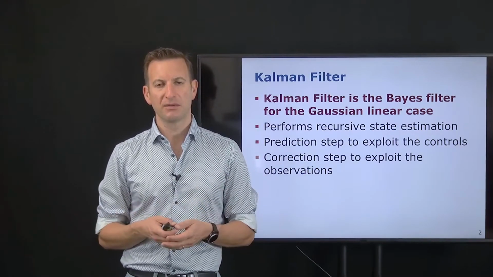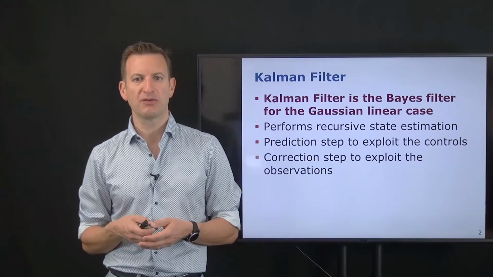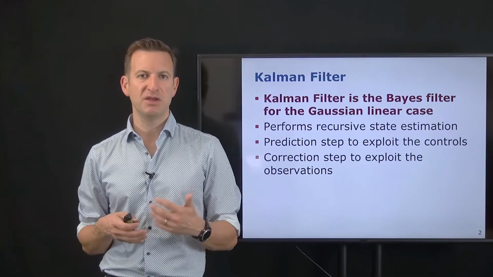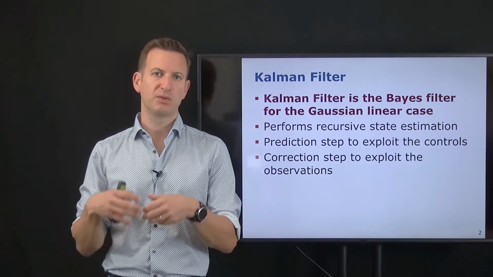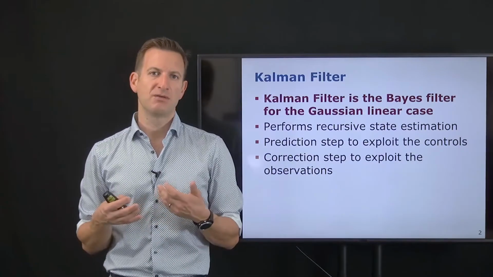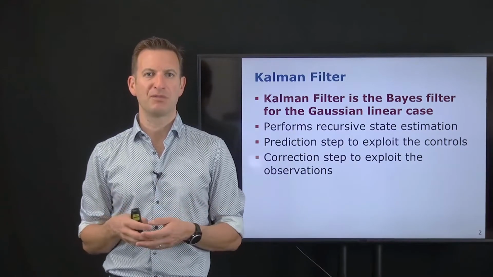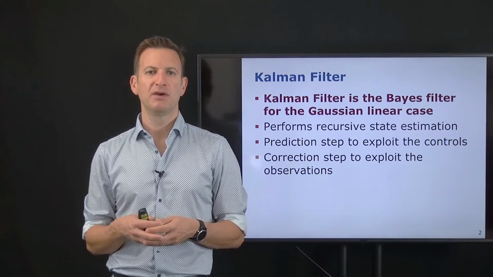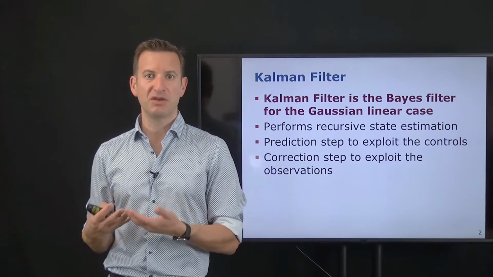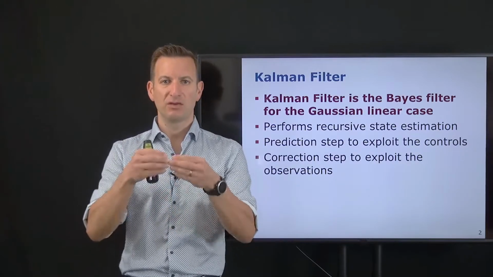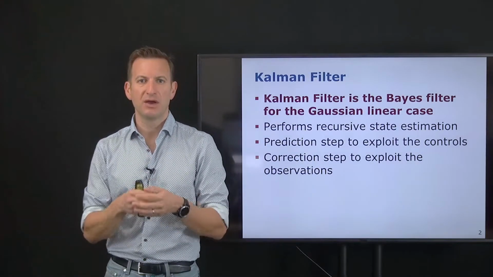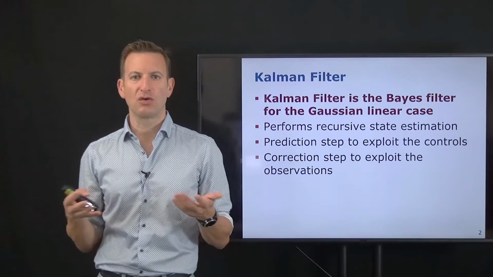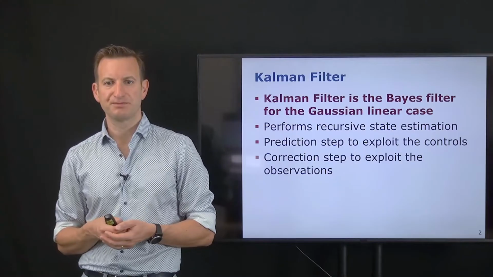So the Kalman filter follows the idea of a recursive Bayes filter and performs this type of recursive state estimation. That means we're taking our current belief, we're taking the current information that we have from our control commands and from our observations, and turn the previous belief into the new belief, so that we turn the belief from time t-1 to time t. And so we are always updating the belief, taking the most recent observation and control command into account, and don't do everything as a batch operation.